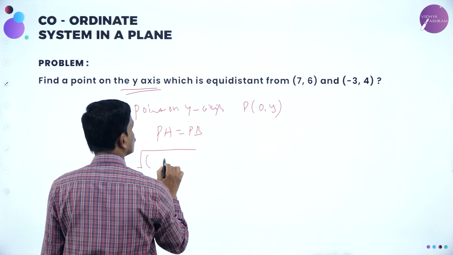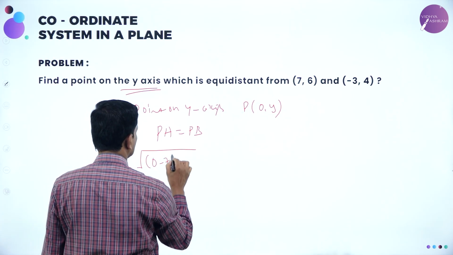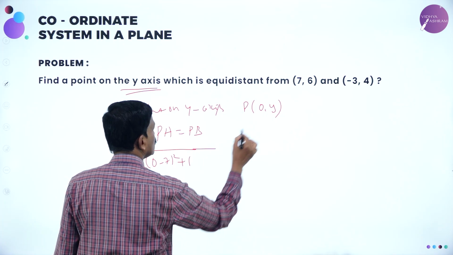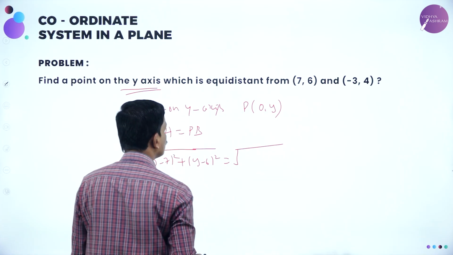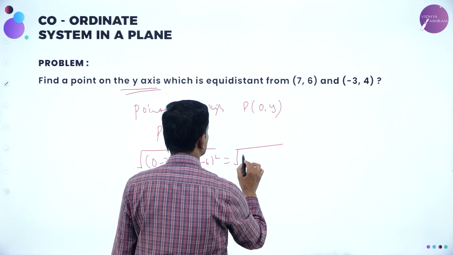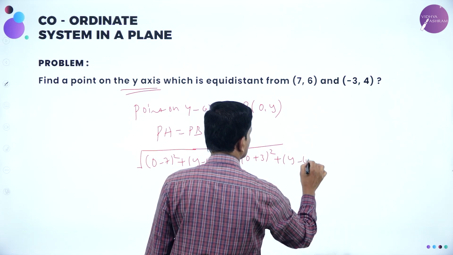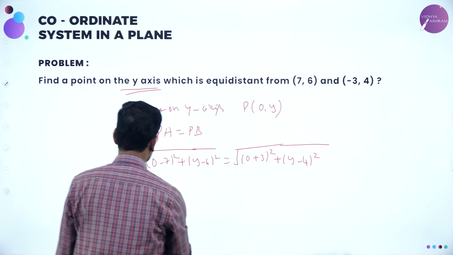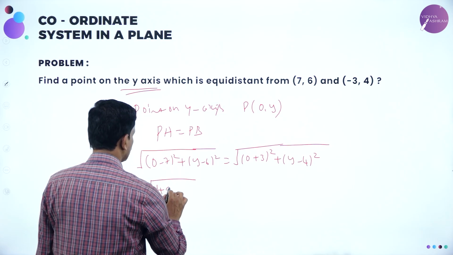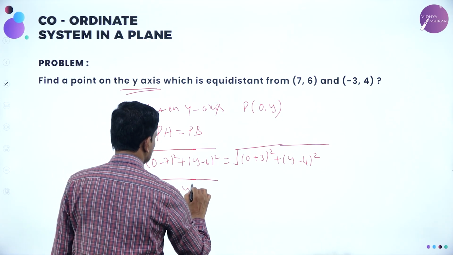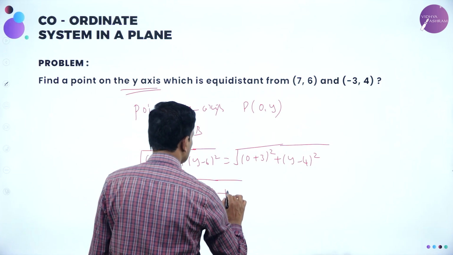Now find out what is PA. PA is equal to root of (0 minus 7) whole square plus (y minus 6) whole square, is equal to root of PB. PB is nothing but (0 minus minus 3) whole square plus (y minus 4) whole square. So minus 7 square is 49, and (a minus b) whole square is a square plus b square minus 2ab, so 6 twos are 12y.